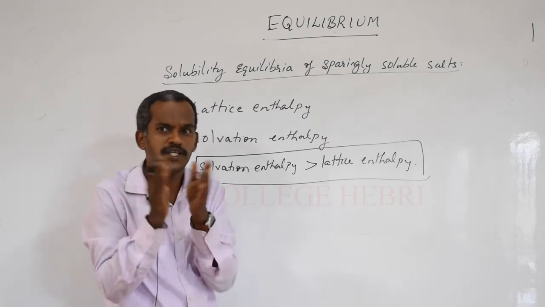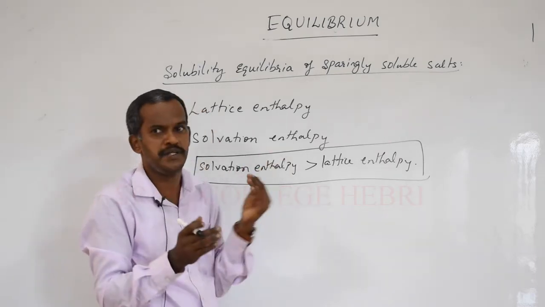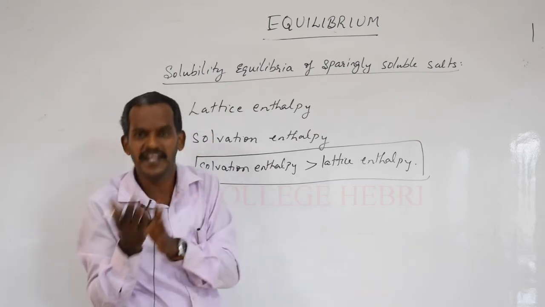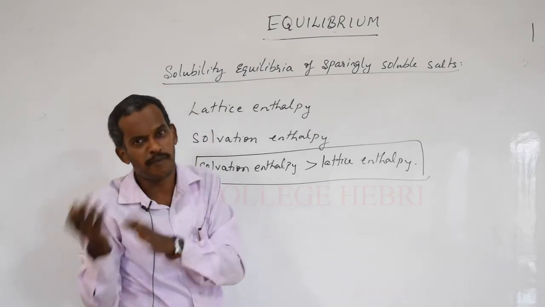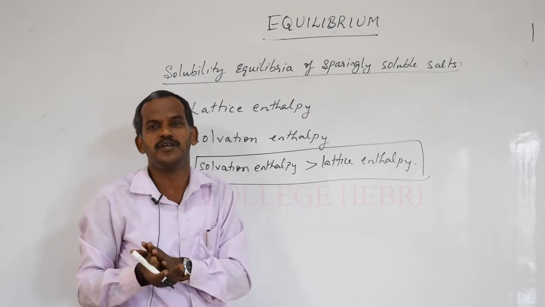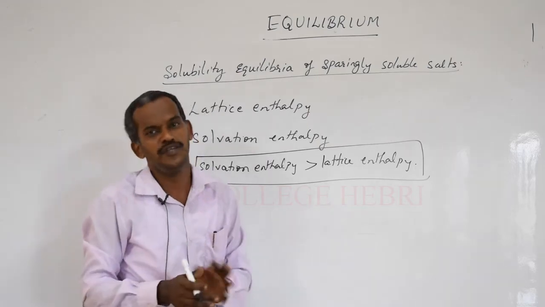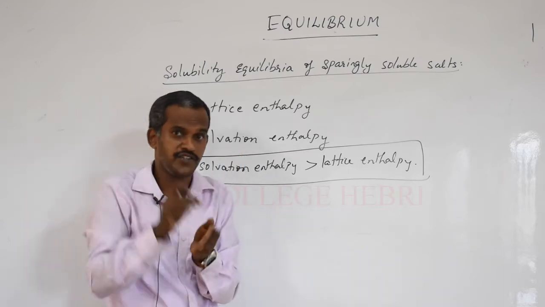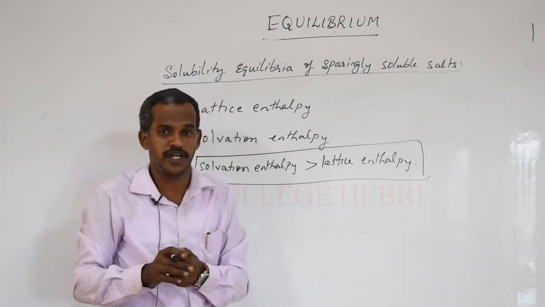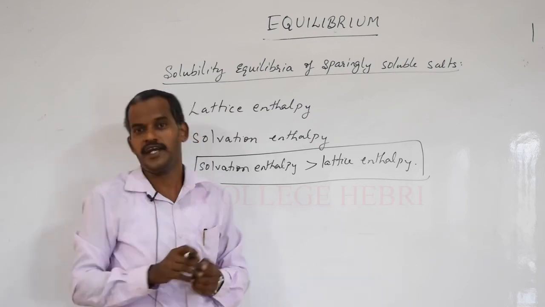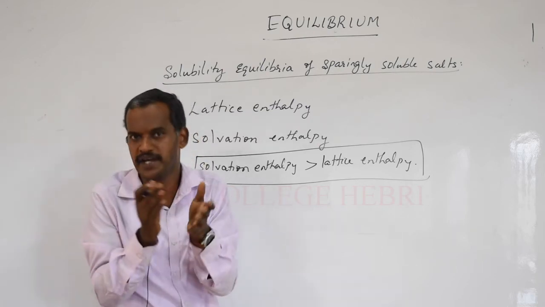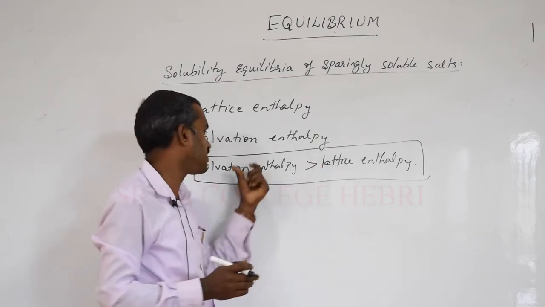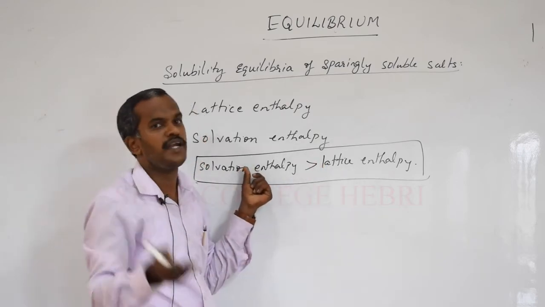So based on this particular comparison, we can classify the salts as soluble salts, sparingly soluble salts, which are partially soluble salts, and some are totally insoluble in a given solvent. So you must know why water is a universal solvent, why most of the solutes can be dissolved there. Again, the polar nature of water decides it: the lattice enthalpy is less than the solvation enthalpy, so it will easily dissolve.